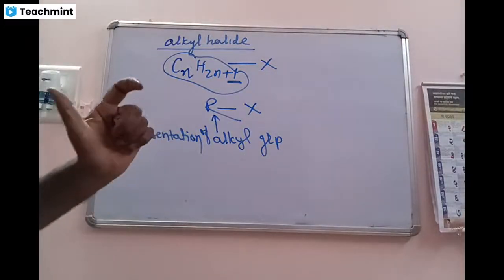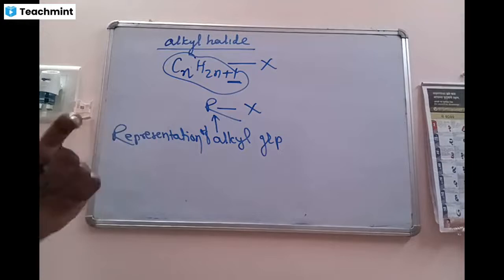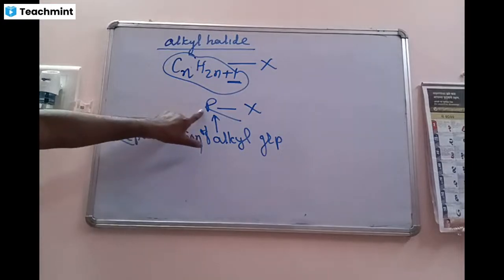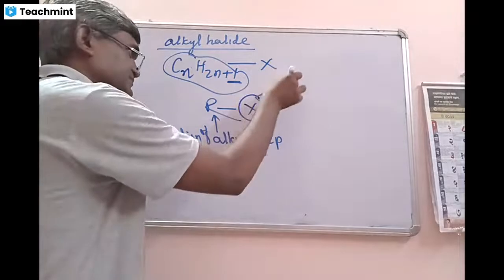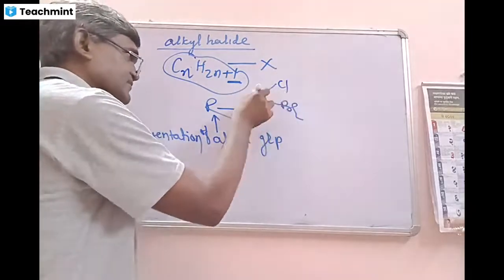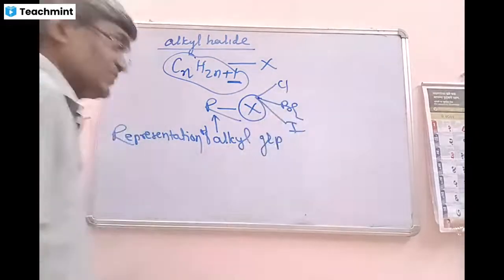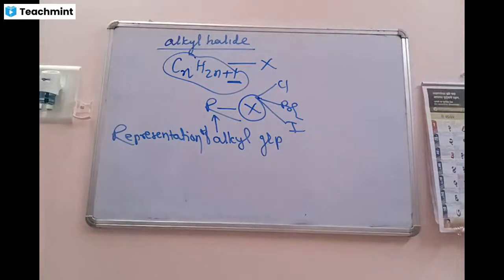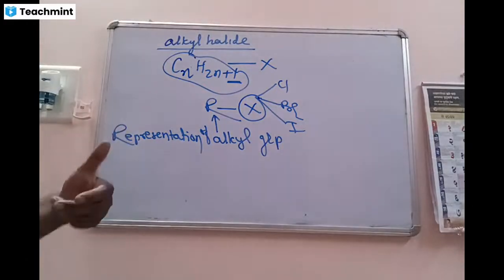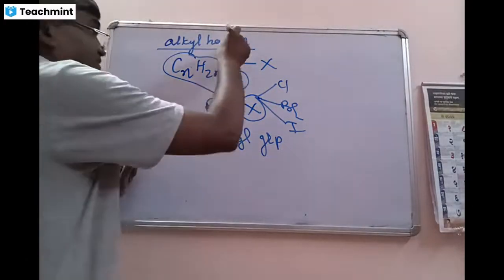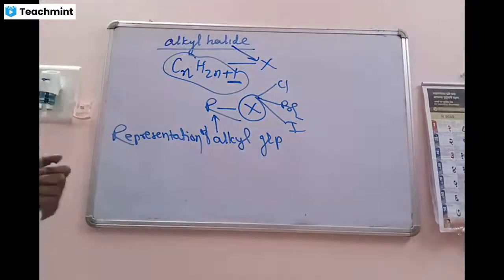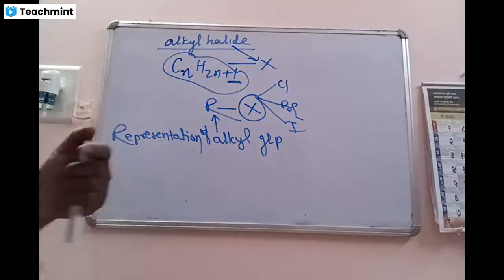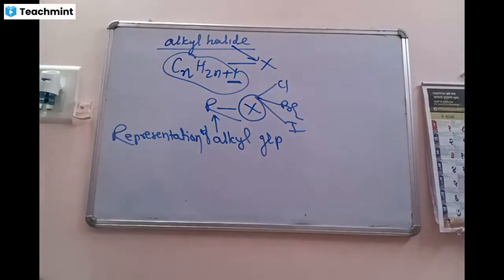R कोई भी हो सकता. 8 है आपके पास में. 8 alkyl groups are there. उसमें से कोई भी हो सकता है एक R. X कितने हैं आपके पास? Only 3. X for halogen or halide. Okay. So you have that 8 plus 8 plus 8. In this way 24 alkyl halides are there.